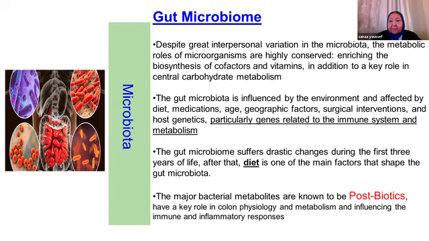B12 and vitamin K are specifically found there. They are mainly synthesized in the colon, where the microbiota reside. The GIT is like a factory that produces many cofactors, which are important for your immune system as well as for your CNS, because they are directly related to each other.